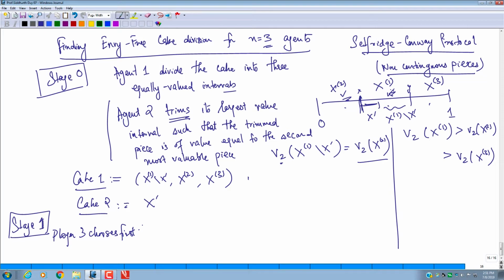And at this point, it makes sense, right? Like this is the two equivalent pieces for the second player. So let the third player pick something, like player 2 picks next.